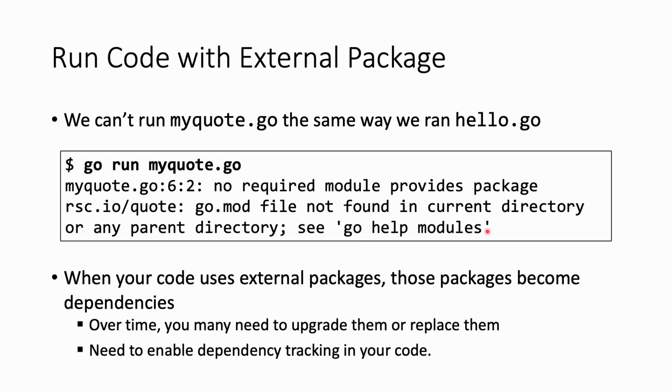Alright. When your code uses external packages, such as in the mycode.go program, those packages become dependencies. Over time, you may need to upgrade them or replace them. Therefore, you need to enable dependency tracking in your code if you use external packages.